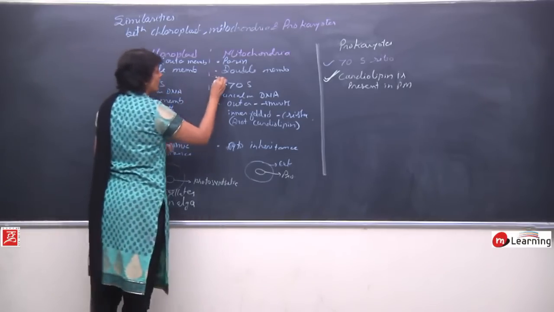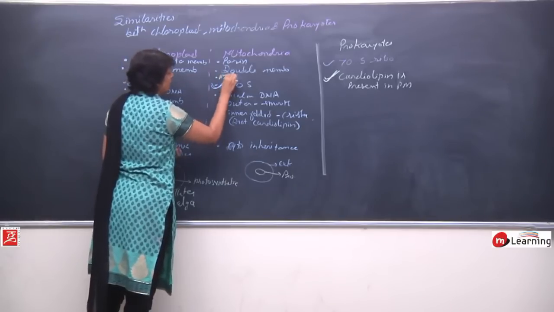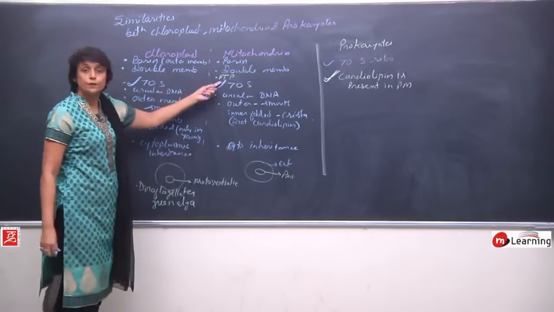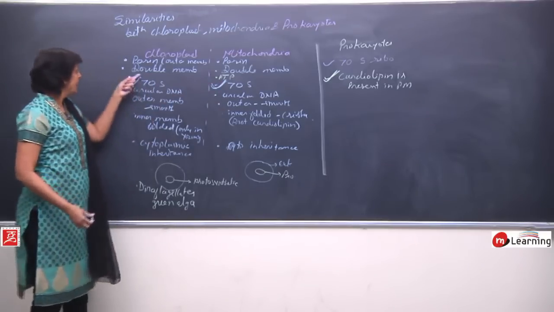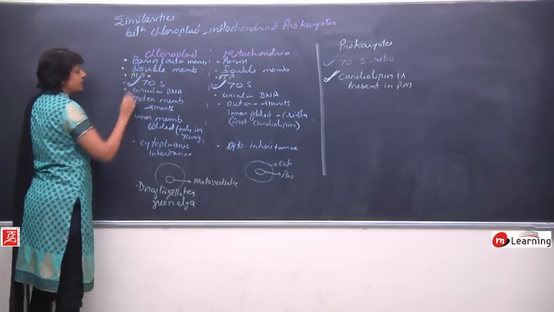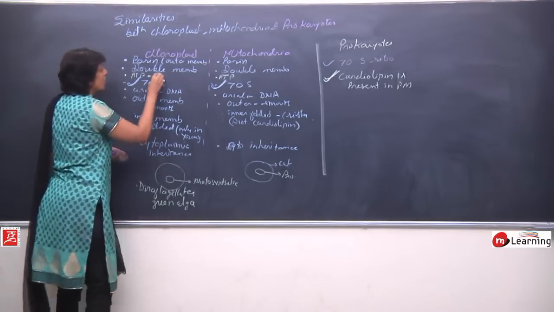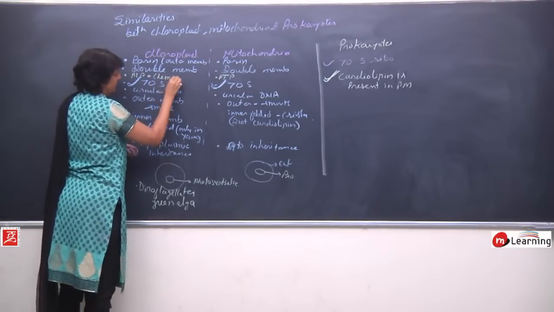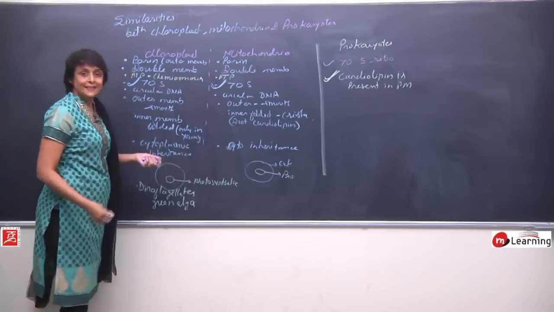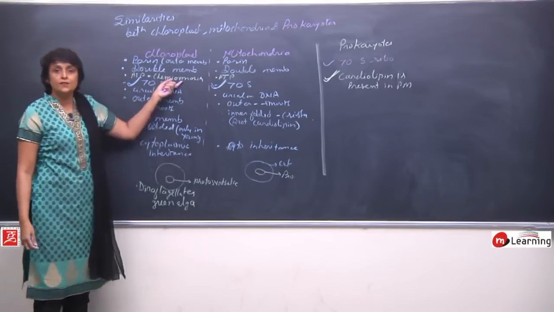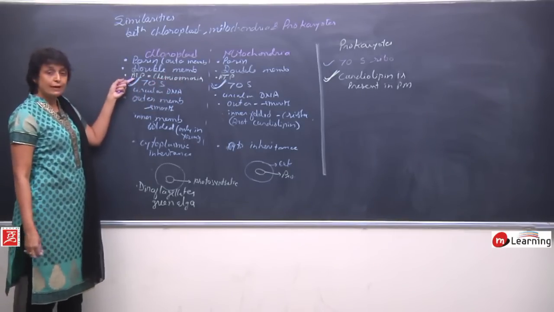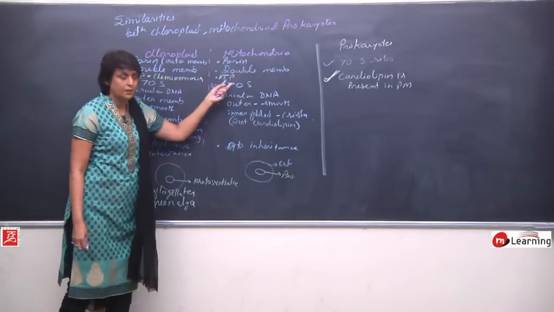Mitochondria, we know, is the site where ATP is synthesized by aerobic breakdown of sugars. In the case of chloroplast, ATP is synthesized by a process known as chemiosmosis. A proton gradient is formed, which results in this ATP synthesis. So here also ATP is synthesized, here also ATP is synthesized.